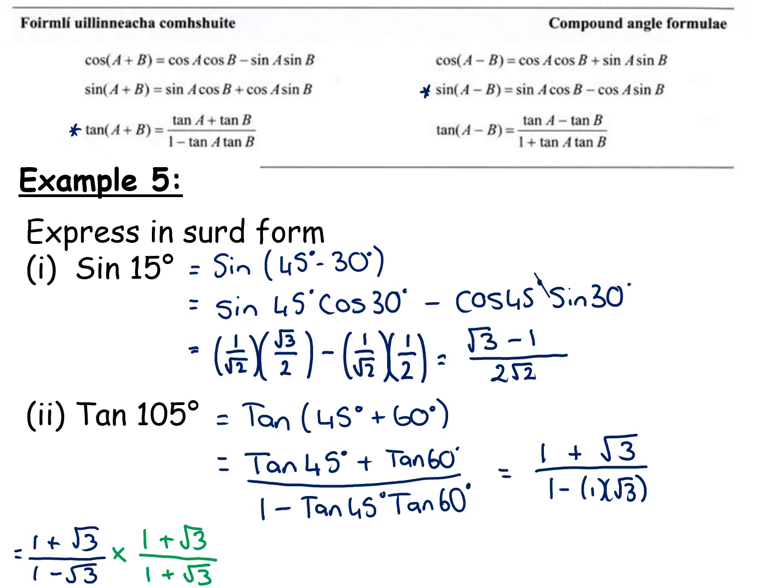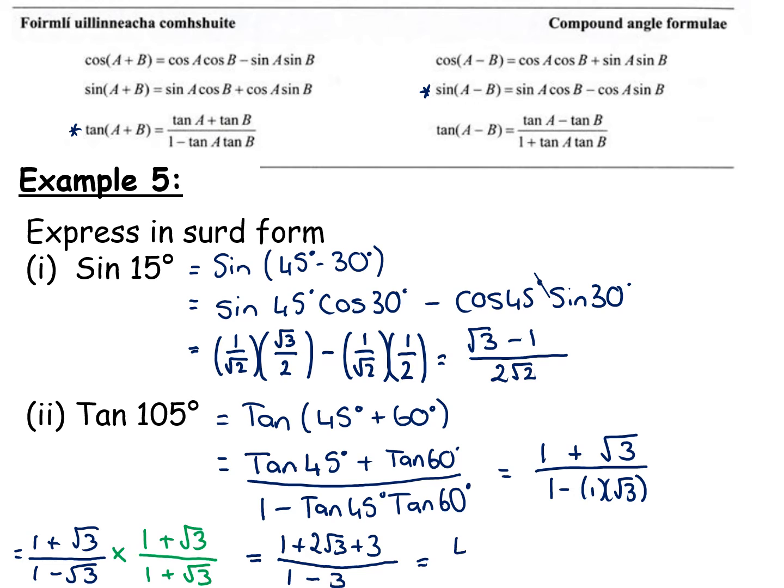Conjugate is where we change the sign in the middle. So working that through, effectively you get 1 plus root 3 squared on top. That's square the first plus twice the first by the second plus square the second. Bottom line is 1 minus square the second. That's kind of like a difference of two squares, the first term squared minus second term squared.